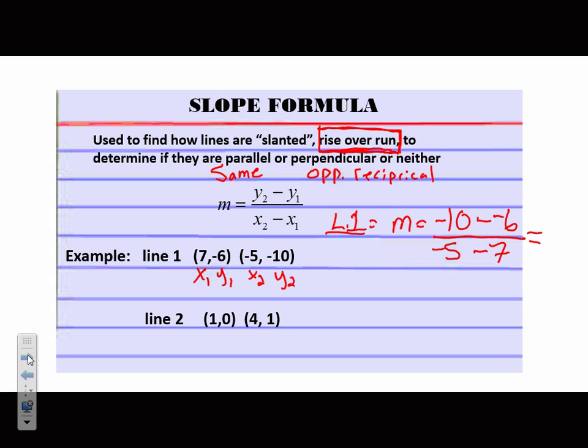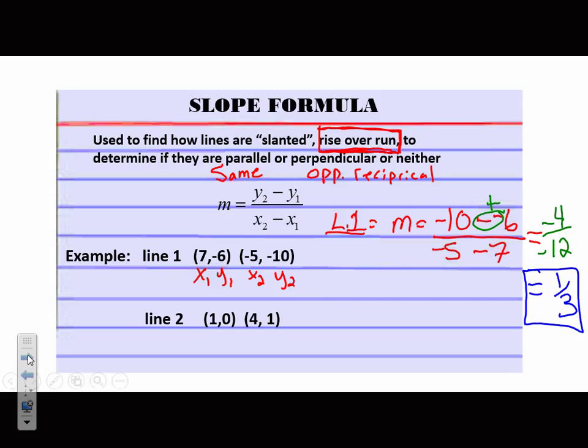So this is going to equal, remember this turns into a plus, so I have negative 4 all over negative 12. Now it's very important that we simplify this. So first of all, two negatives are going to make it positive, and then 4 over 12 is 1/3. So the slope of line 1 is 1/3.